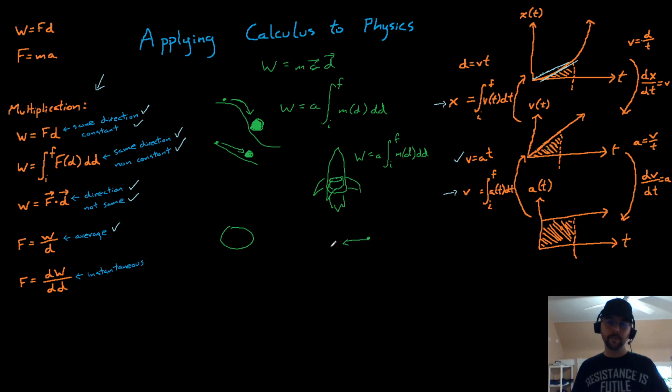Anyway, if we wanted to calculate work here, we're going to have the acceleration changing. So maybe you could say work equals, let's say the mass of the object is constant, times the integral from some initial displacement value to some final displacement value of the acceleration as a function of displacement, because we imagine displacement ticking along at regular intervals, dd.